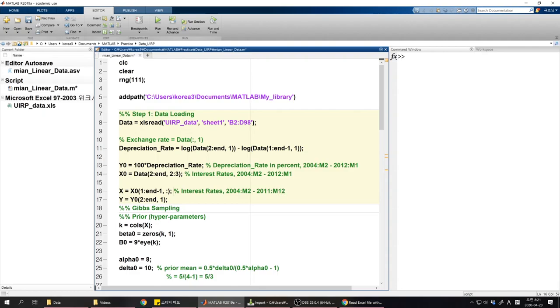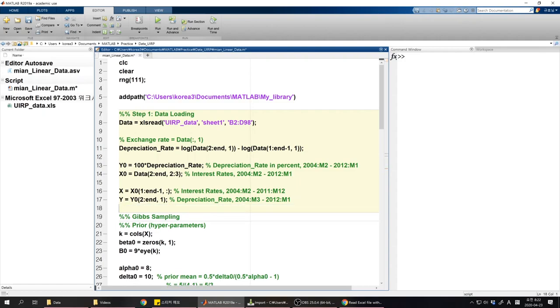And then what about depreciation rates? What about this? This is from when? This is from March 2004 to January 2012, right?